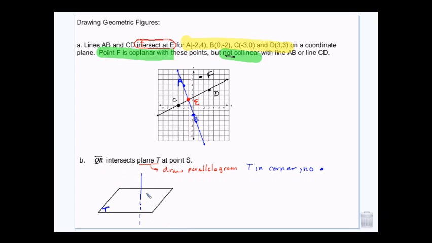Yes. Do you also have to draw a QR? Yeah, so at some point you switch it to dotted. At that point you switched it to dotted, that's the intersection point. That's S. And it's a line, so we need to put arrows on both ends.